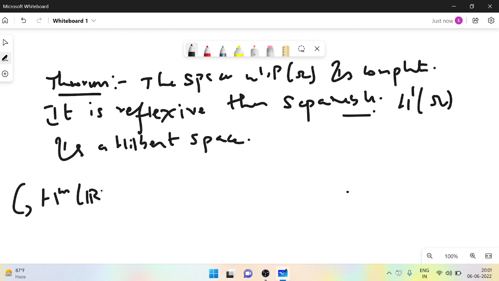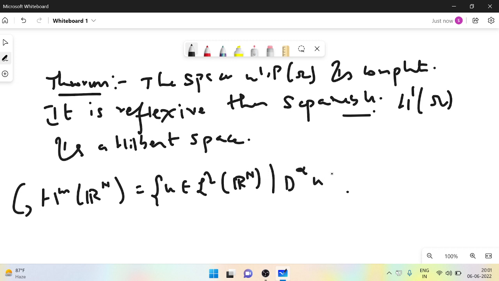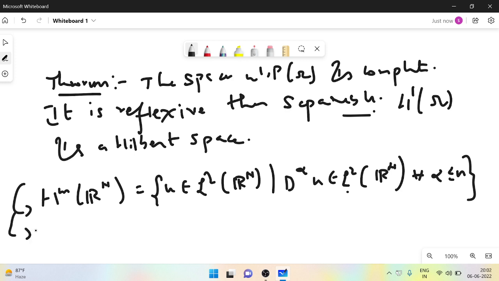Hm of Rn is a Hilbert space with all u belonging to L2 of Rn such that D^alpha of u belongs to L2 of Rn for all alpha less than or equal to m.